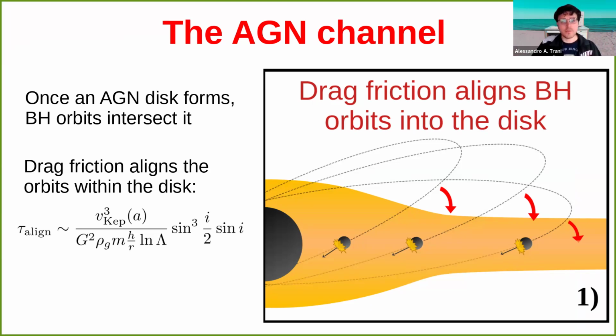Once you have this disk, the black holes that sank toward the supermassive black hole will be crossing the disk. Each time they cross the disk, twice per orbital period, they experience a drag force, basically friction, due to the repeated crossing. This will tend to align these black holes into the disk and embed them within the disk.